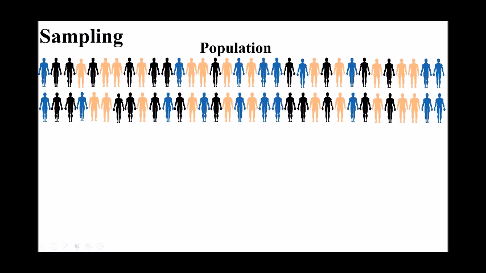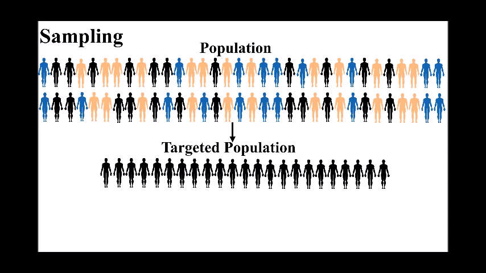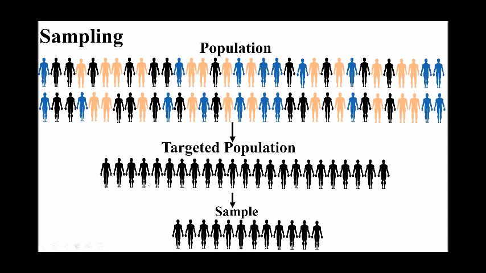So what is sampling? We've talked about it. Sampling is when you have a population with different characteristics, different colors. And then you go to the targeted population, a population with one characteristic, which is the black. And then you take a sample of them to represent the targeted population. That is called sampling.